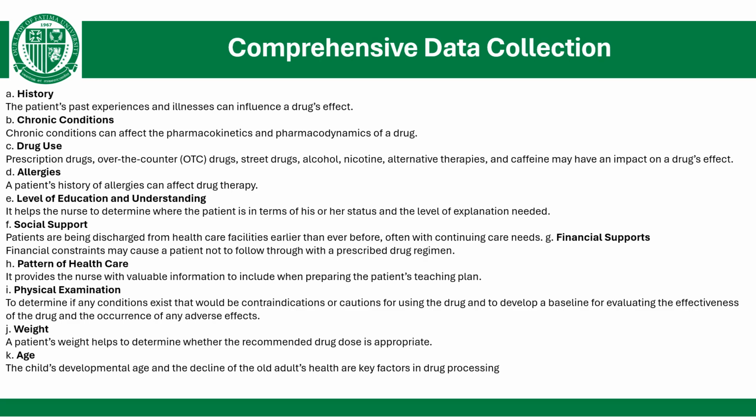We have here comprehensive data collection. For the history, this is the patient's past experiences and illnesses that can influence a drug's effect. This will help to promote safe and effective use of the drug and prevent adverse effects, clinically important drug-to-drug, drug-to-food, or drug alternative therapy interactions, and medication errors.